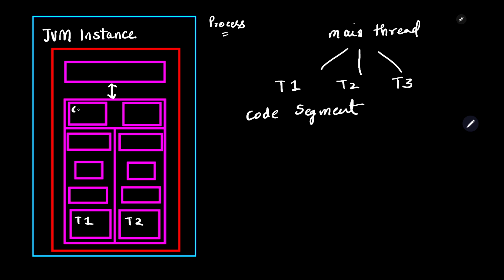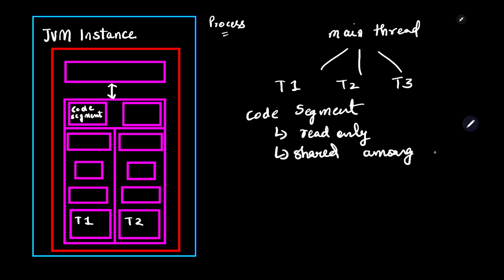This area is read-only and shared among all threads. So from this architecture, you can easily see that thread 1 and thread 2 share this code segment, and also this particular block. We will see what this block denotes.